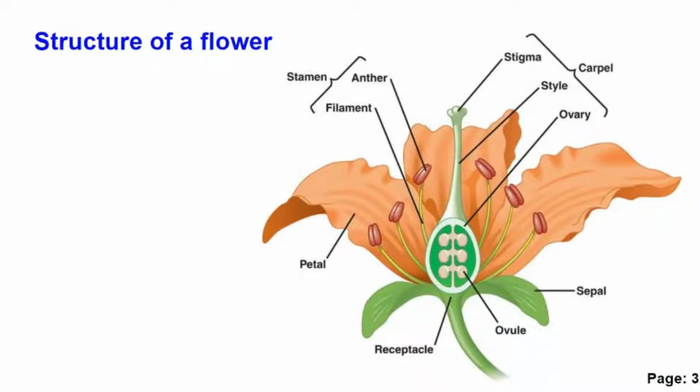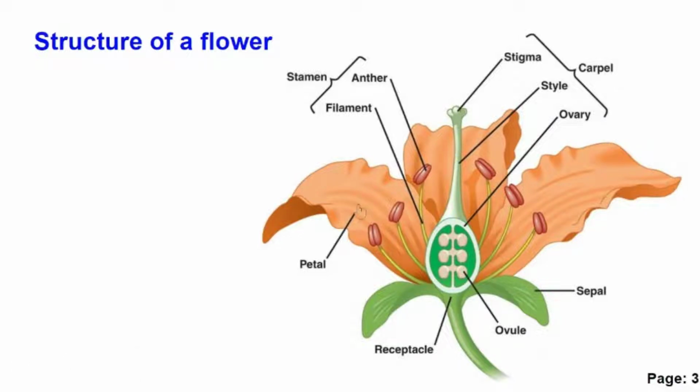But in mango, the ovary contains only one ovule. So the ovule contains the female mother cell, which contains the female gamete. Okay. So the stigma, style, and ovary are the carpel.